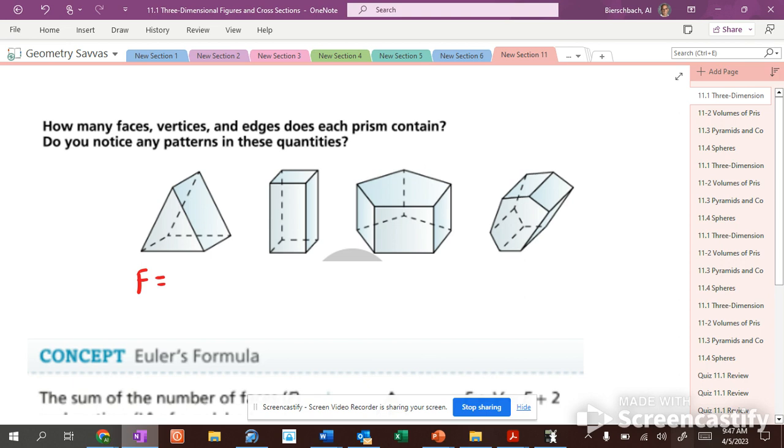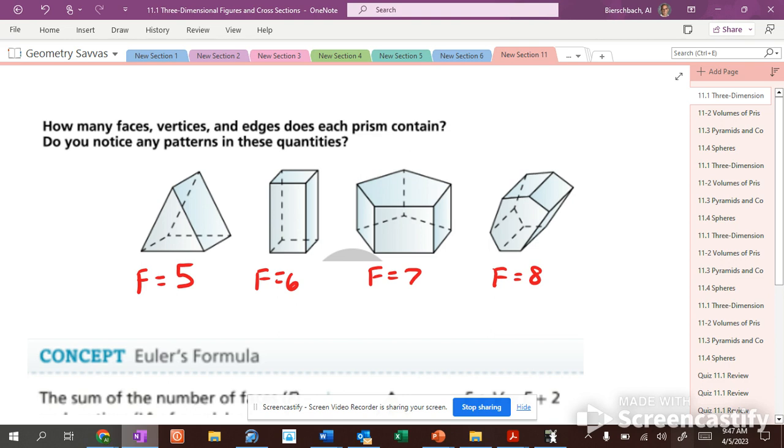Well, it has a front and a back, and a side and a side and a bottom. 5 faces. Okay, how about this thing? 6 faces. 7 faces. 1, 2, 3, 4, 5, 6. Front and back is 7, 8. All right, so we got that down.